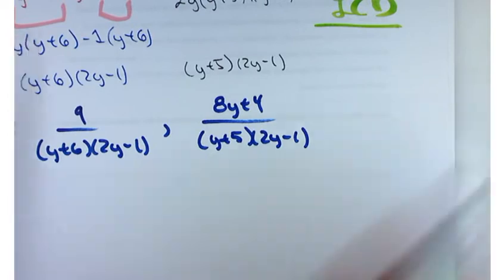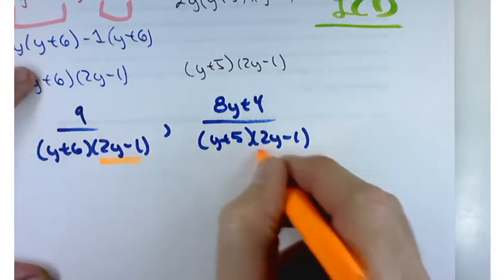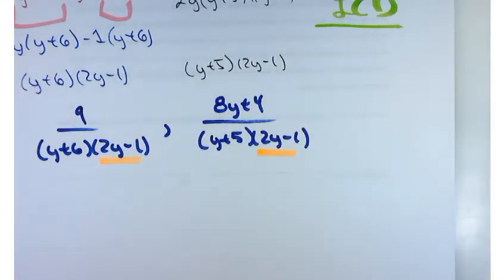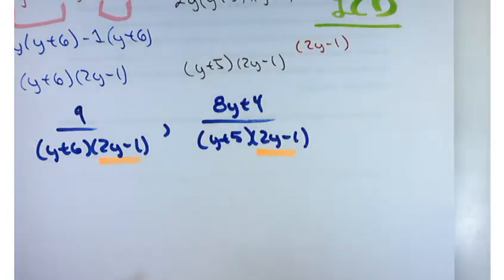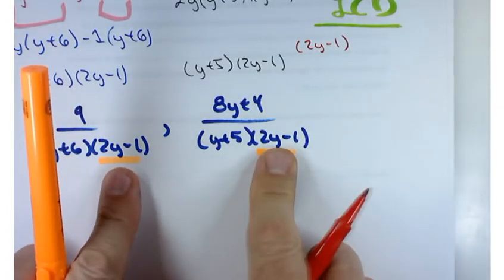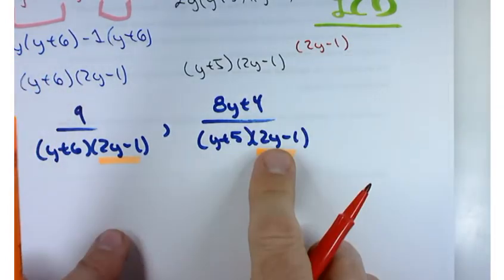So what terms should be part of the LCD? All right, 2y minus 1. So let's put that up there. 2y minus 1. Now, do I need to have that 2y minus 1 squared because I got one here, or is it just to the first power?